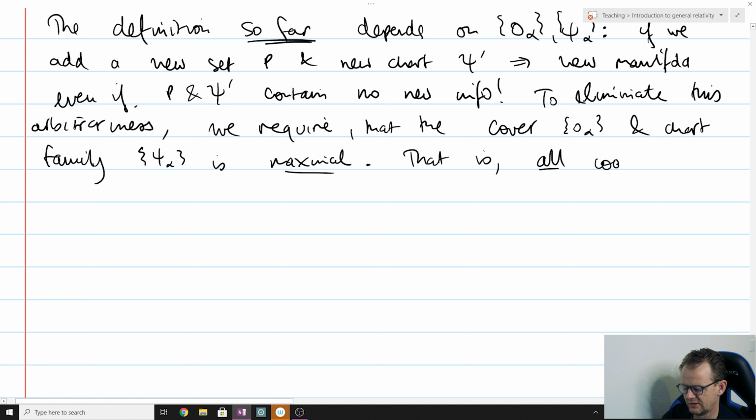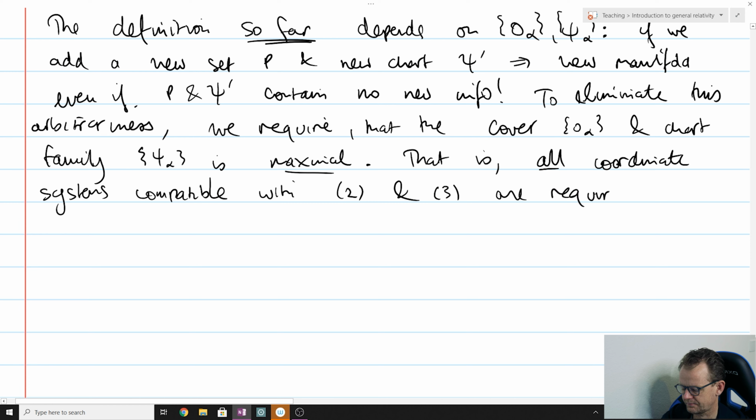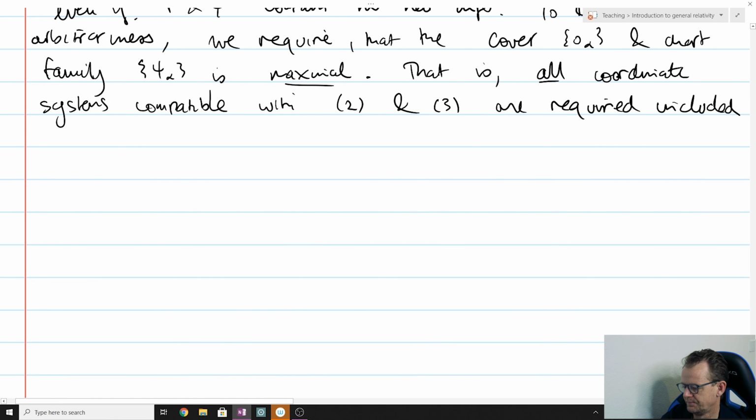So all coordinate systems, charts, whatever, I'm going to use this notation interchangeably, you'll get used to it, compatible with 2 and 3 in our definition are required to be included. So if you can add a chart, you must add a chart. And only then do you have a manifold.